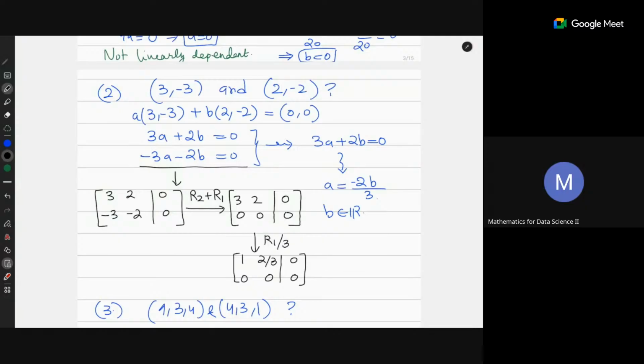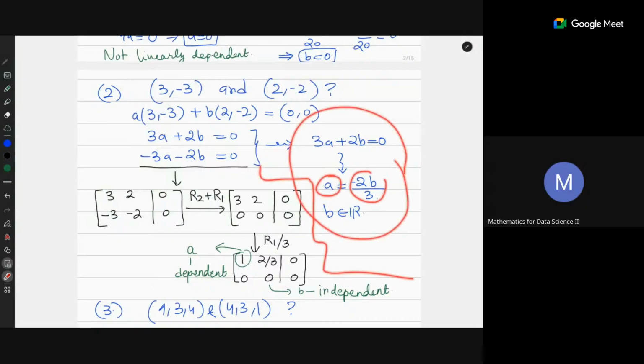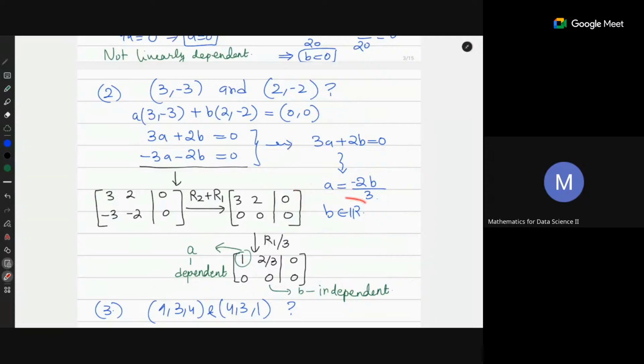So this is the leading term, so this will give us A in terms of B. And because there is no leading term for B, it implies that B is the independent variable. If you look at the case here, A is expressed in terms of B, and B is the independent number. So that is what is happening.